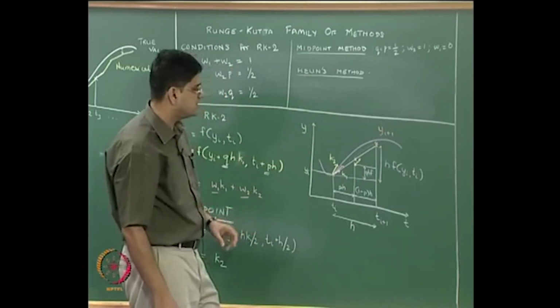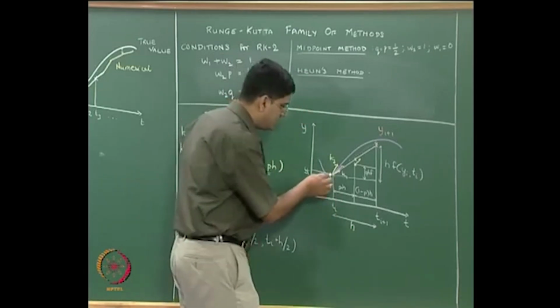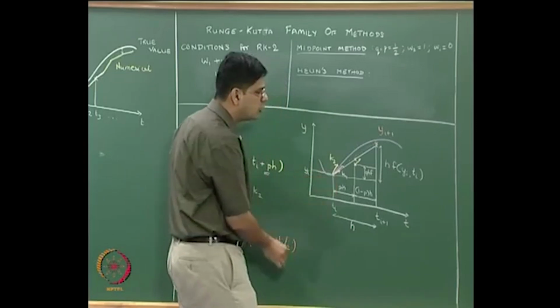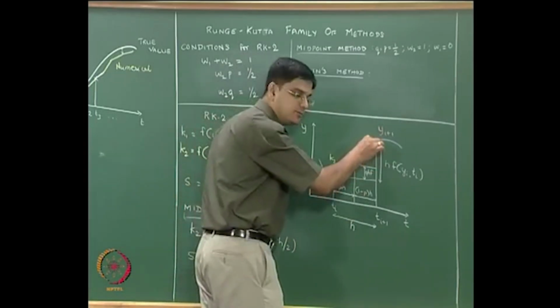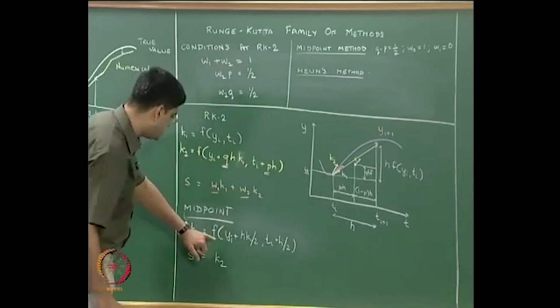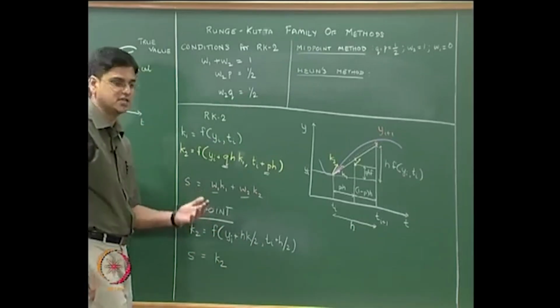In Yuen's method, what we do is we choose our P equal to 1. That means the slope K1 is of course computed at this point, and the slope K2 is computed at the projected point, which is going to be f of yi plus hk1 comma Ti plus h, okay.